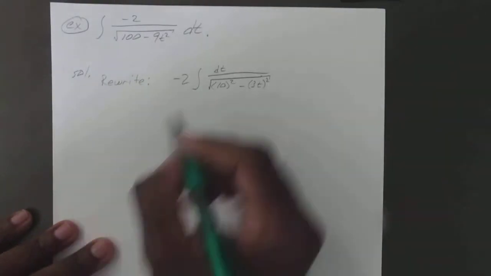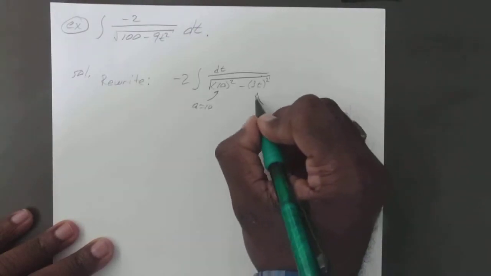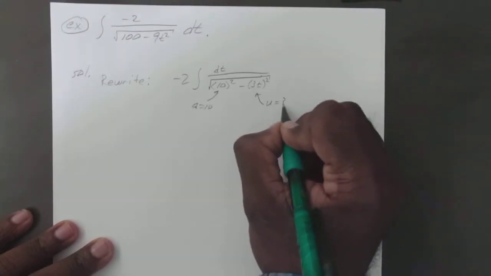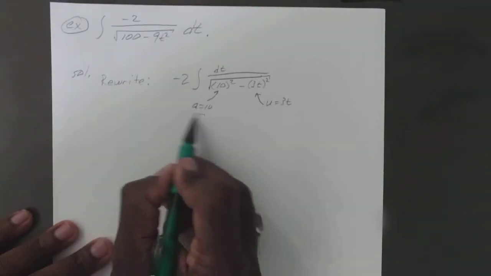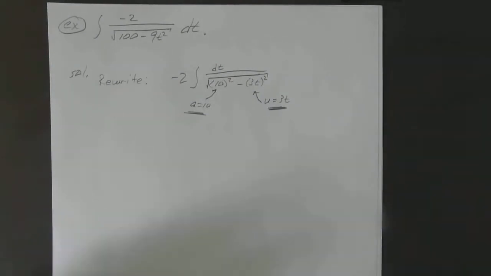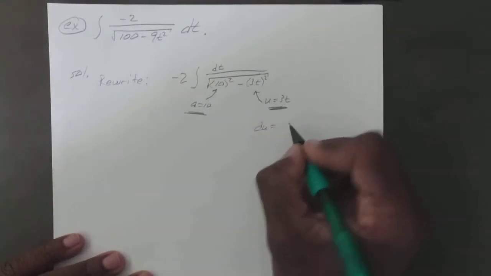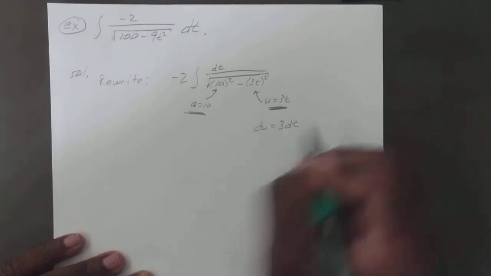100, that's just 10 squared. 9t squared, that's just 3t squared. Okay, which means we have our a, and we have our u.